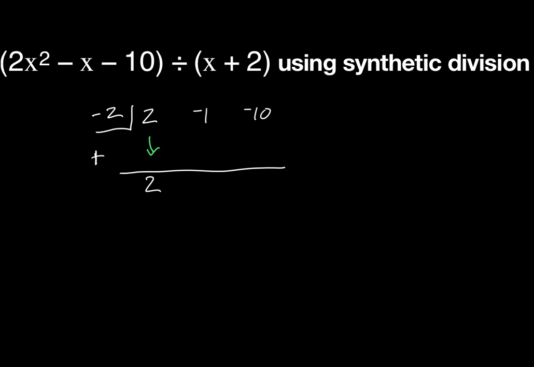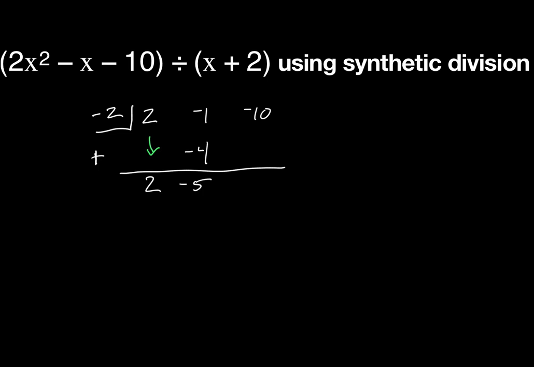And then we take negative 2 times 2 and we write it here. So negative 2 times positive 2 is negative 4. And then because it's adding, I add those. So negative 1 plus negative 4 is negative 5.